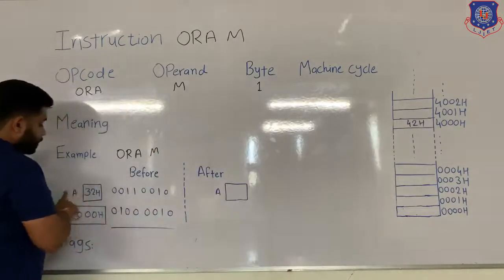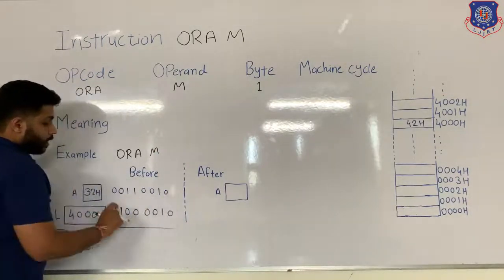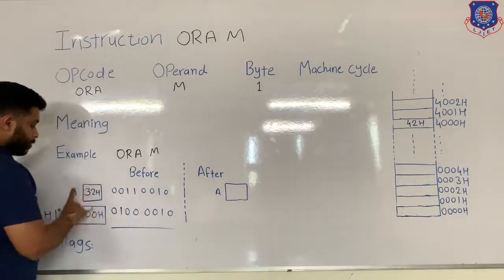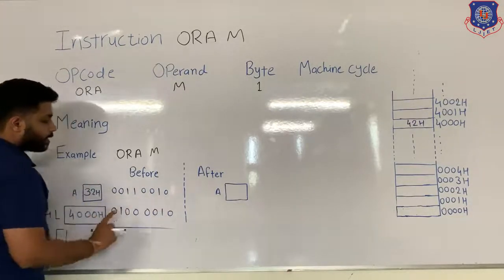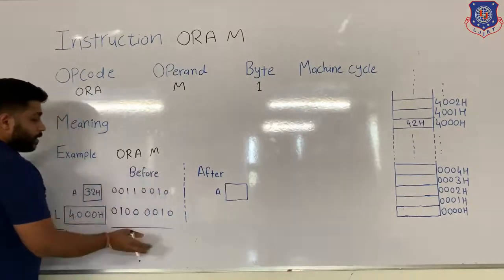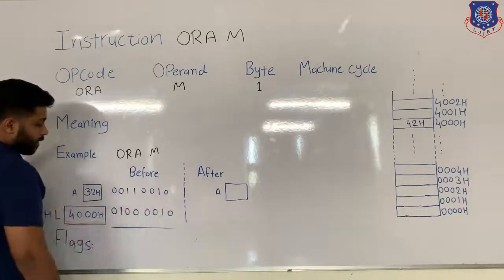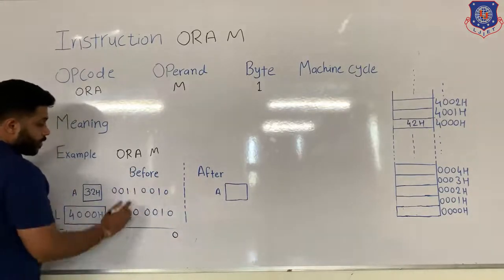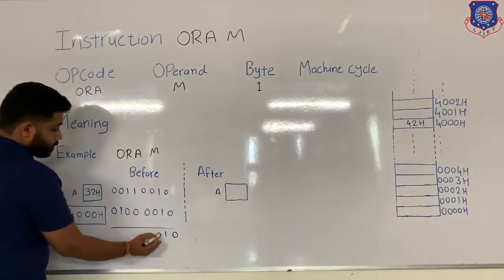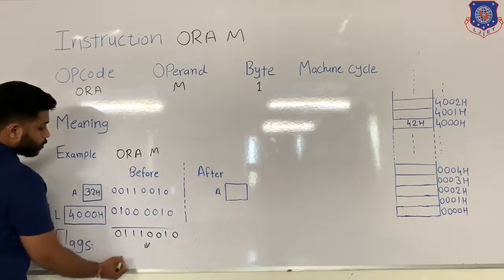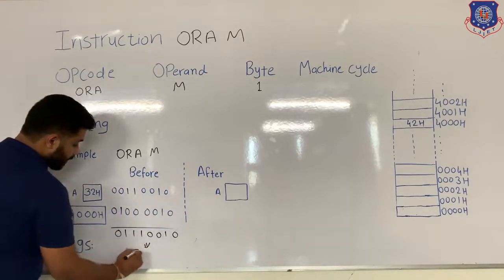You can see that the content of memory location is represented in binary, as well as the content of accumulator. If you perform ORA M, the logical OR will be performed. After performing OR, we will get 0, 1, 1, 1, 0, 0, 1, 0. If you convert into hexadecimal, you will get 72.